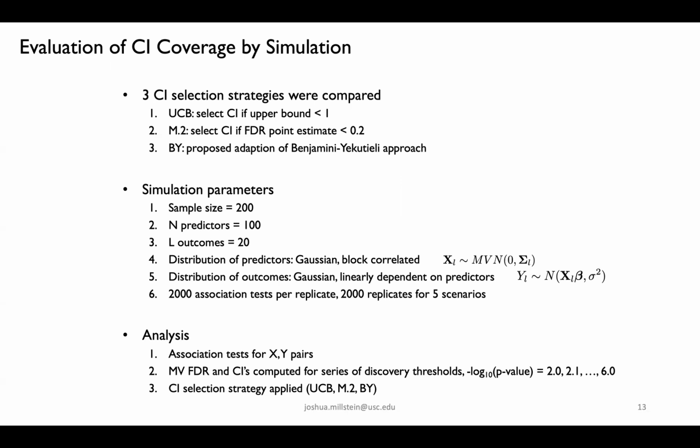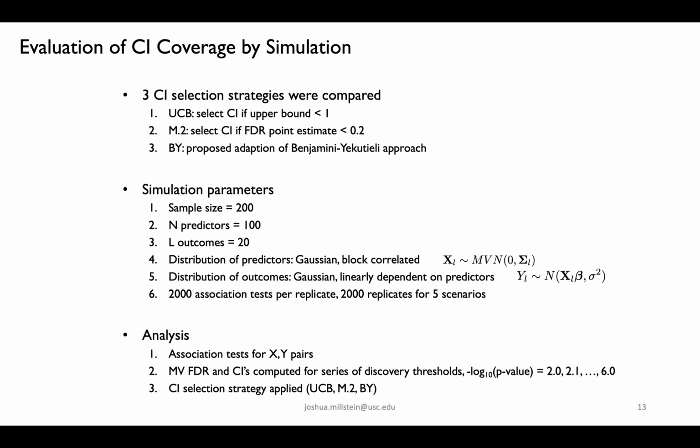Each outcome is dependent on a block of correlated predictors. So the 100 predictors are actually blocks of correlated predictors, 20 blocks of 5 correlated predictors.